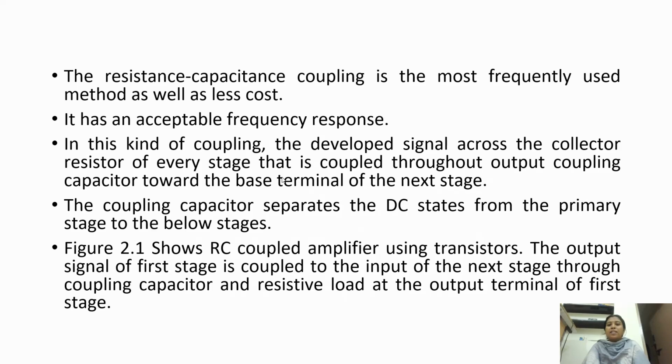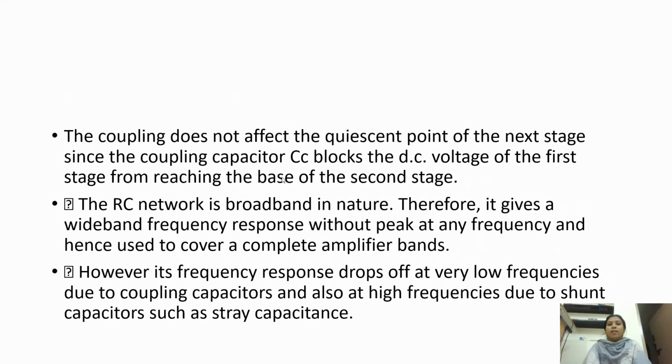The coupling capacitor blocks the DC from the primary stage to the next stage. The coupling does not affect the Q point of the next stage, since the coupling capacitor blocks the DC voltage of the first stage from reaching the base of the second stage.